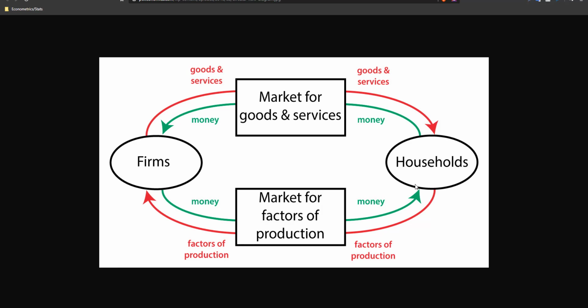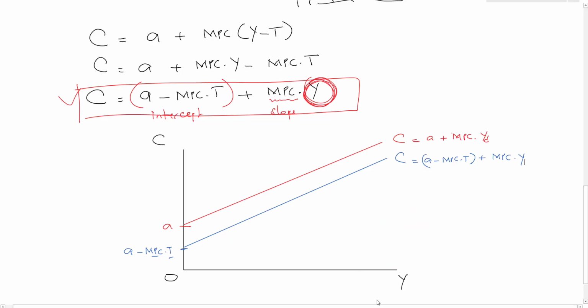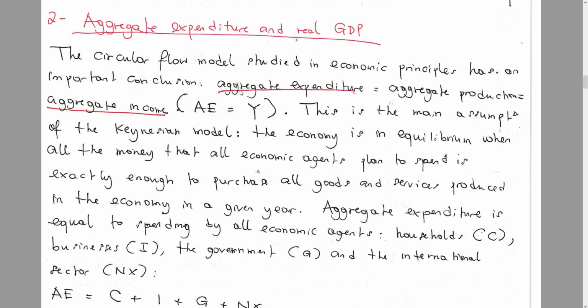Okay, so that's mainly the big takeaway from this model here. And that's what is written here. Aggregate expenditure is equal to aggregate production is equal to aggregate income.